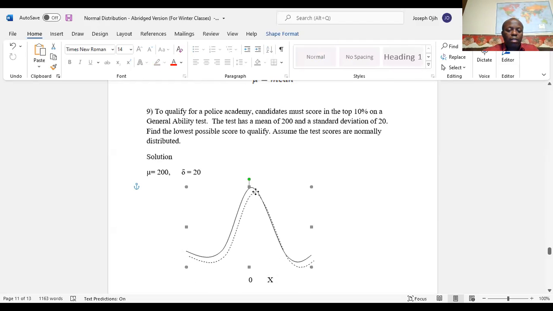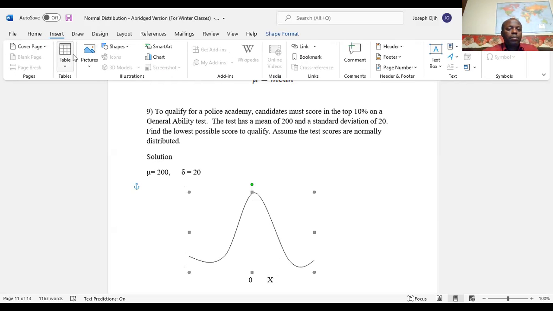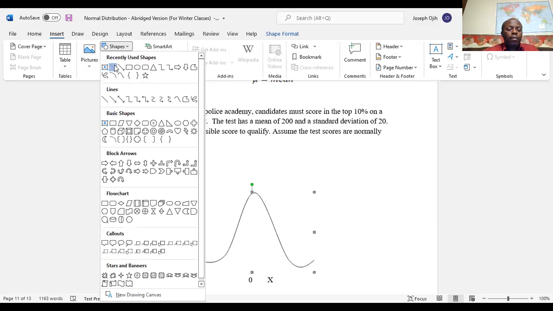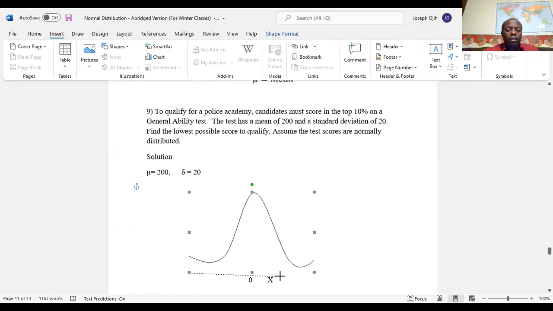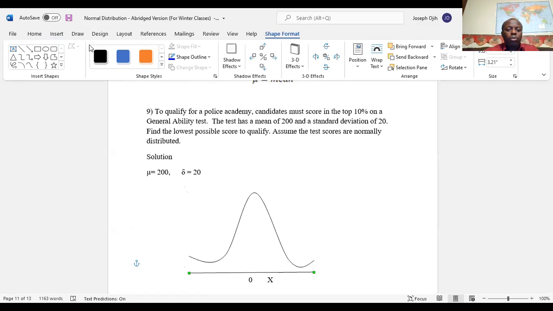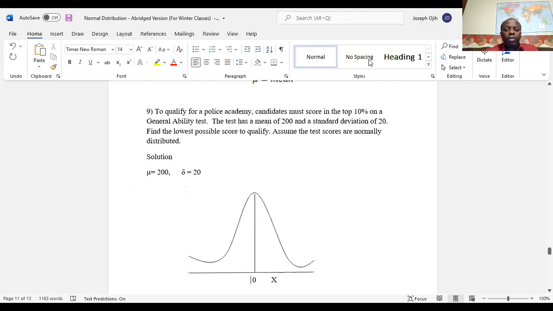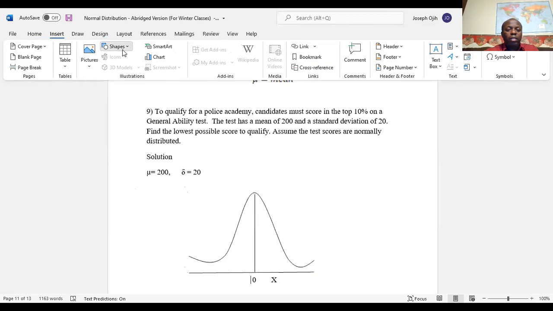So we can put our X-axis. Top 10% means that your score is bigger than the bottom 90%. That should be around here.